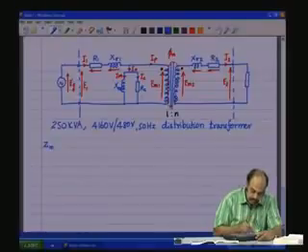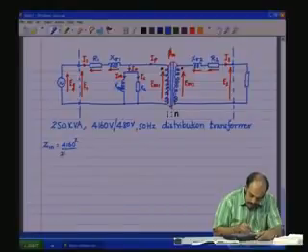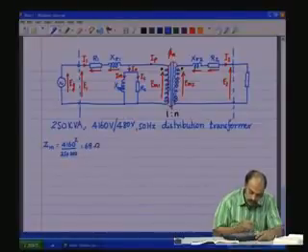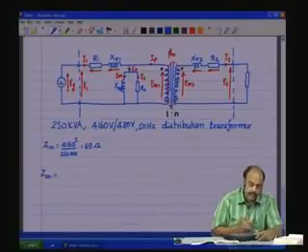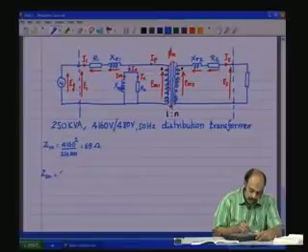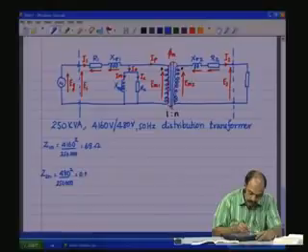Z1N base is nothing but 4160 square by 250 kVA, which is 69 ohms, and Z2N, that is the base resistance of the secondary side, is 480 square by 250 kVA, which is 0.92 ohms.